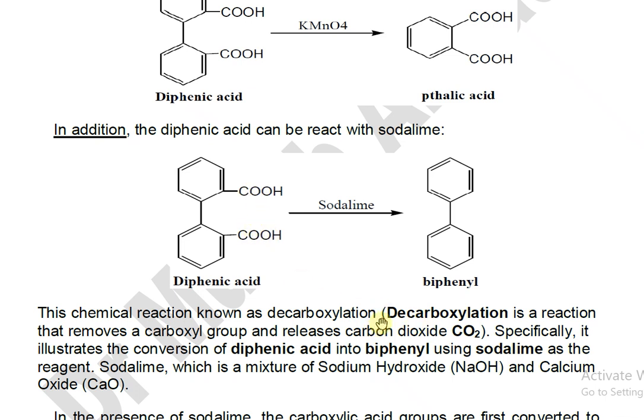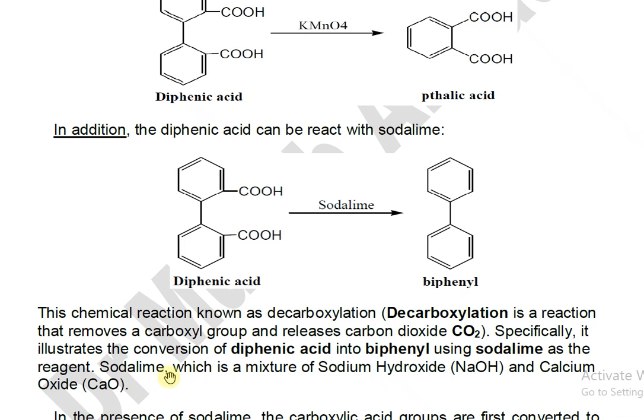Decarboxylation means removing the carboxylic acid group. Okay, so the chemical reaction known as decarboxylation is the reaction removing the carboxylic acid, releasing carbon dioxide, especially illustrated by the conversion of diphenic acid into diphenyl using soda lime as reagent.